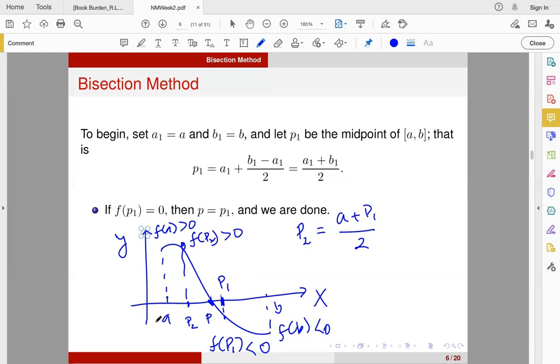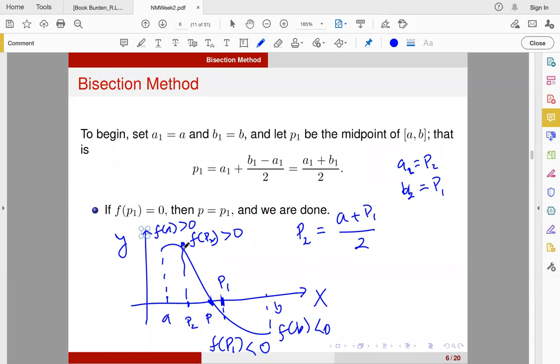Now you remove the point A, so you don't consider the interval A until P2 again. But now we consider the interval where our A1 now becomes P2. Because this is the second iteration, it becomes A2, and B2 equals P1 in this case, right?